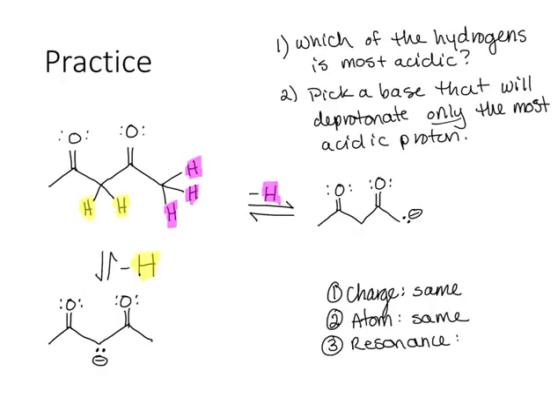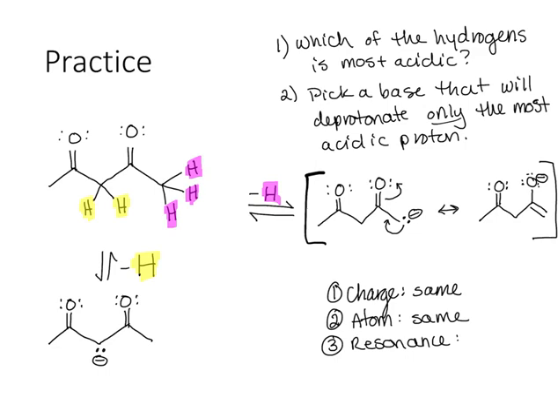So we can move this lone pair over to create a pi bond, and then move our pi bond up to create a negative charge on that oxygen. Is there anything else we can do? Any other way we can move the electrons? No, not really. So these are our two resonance structures for that conjugate base.